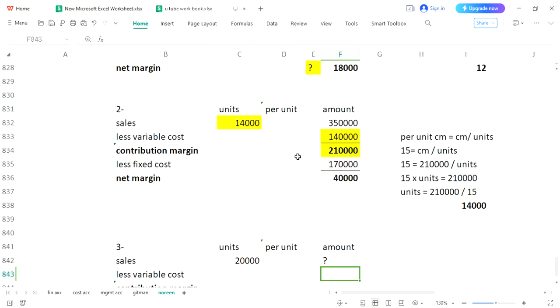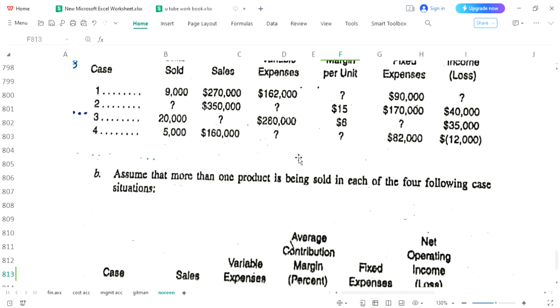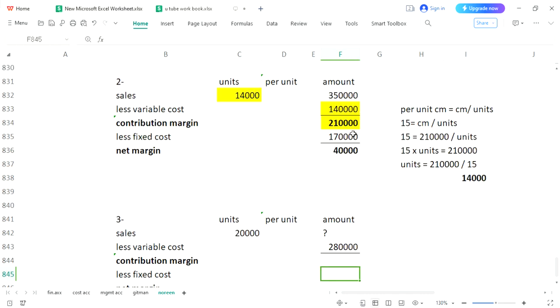So come over here. 2,80,000 are your variable expenses. And next, for the third part, contribution margin per unit is 6. So contribution margin per unit is 6, but the contribution margin itself is still unknown.